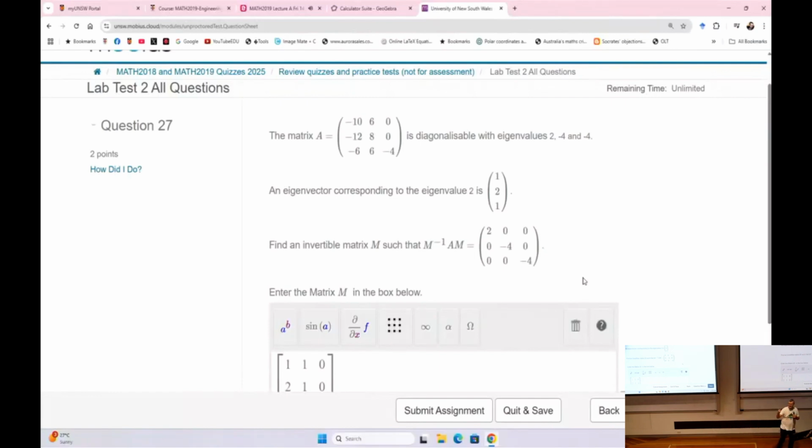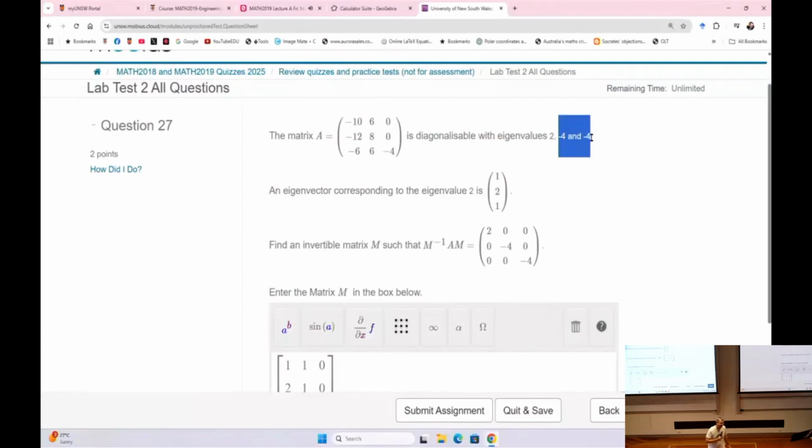You only have to calculate one thing. So if I was doing this one, the eigenvector for that is that vector, so you don't need to calculate that. And then we have repeated eigenvalues. So that's good too.